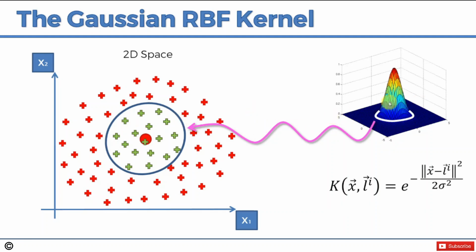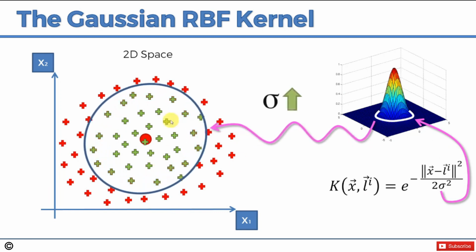Just if we pick the right sigma. What sigma's role is, is that it defines how wide this circumference is. So if you increase sigma, the circumference will increase. This picture didn't change, but it should. The circumference here would increase and you would take up more space.